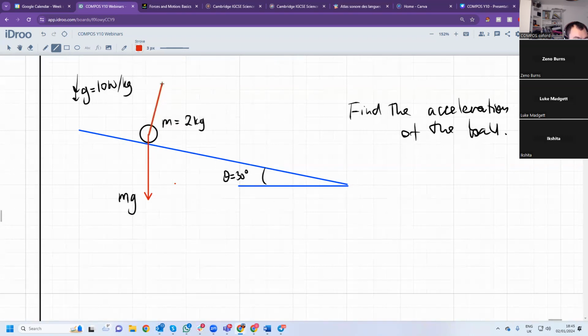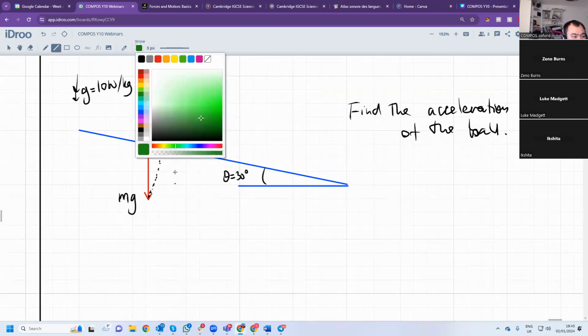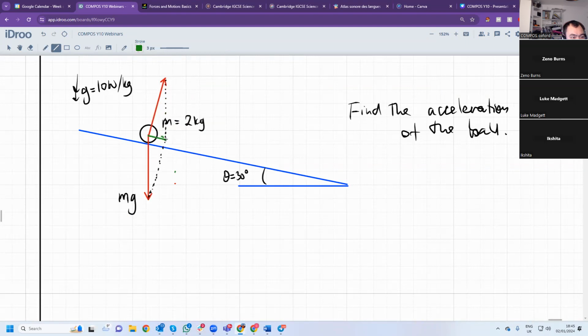And already we can see from the parallelogram rule that the ball will accelerate that way. The resultant force on the ball is that way, so it will accelerate along the slope.